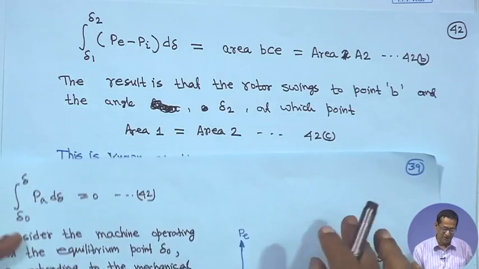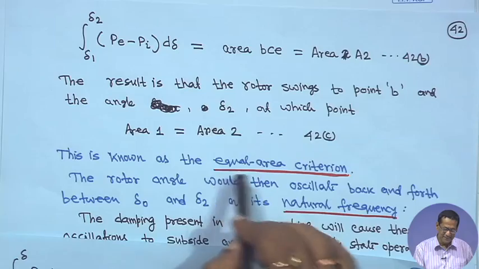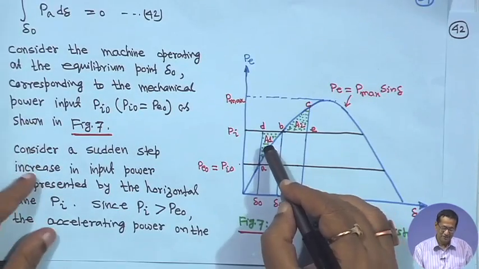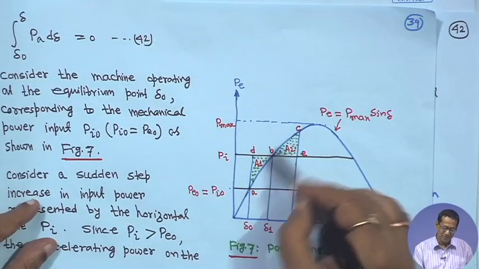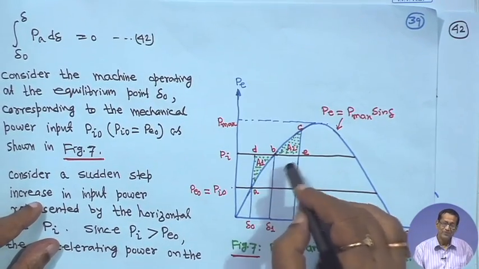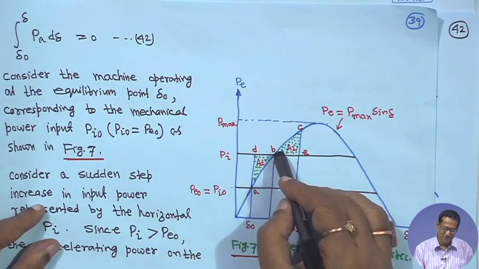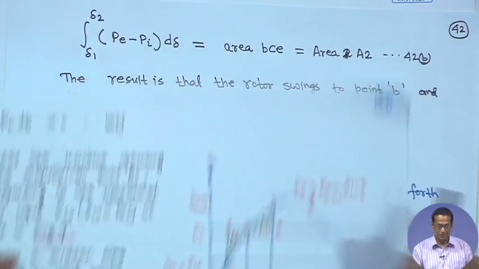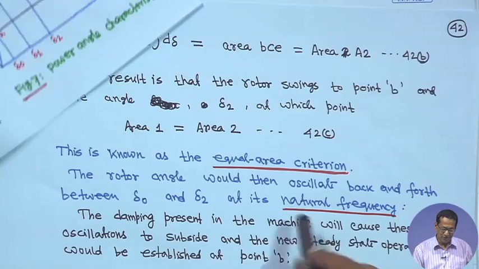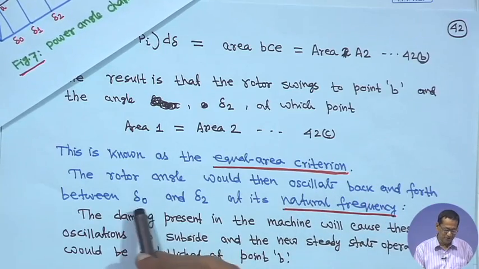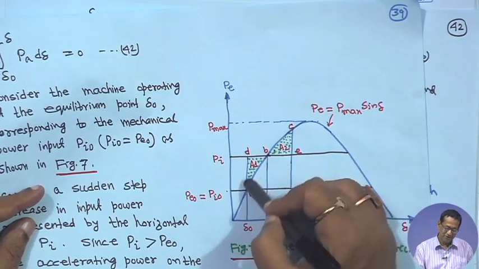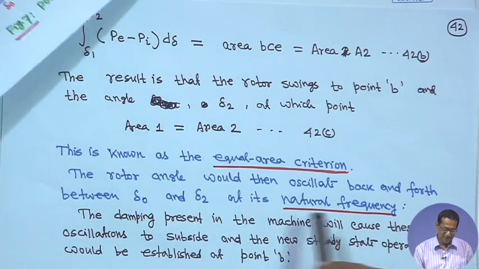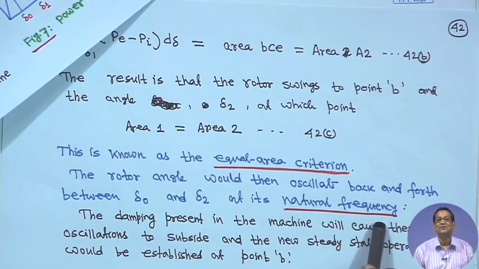Ultimately, area 1 must equal area 2, and this is known as the equal area criterion. So, this is area 1 and this is area 2. Actually it will swing back and forth, and because of the machine damping, after some time it will settle to point B. The rotor angle would oscillate back and forth between delta 0 and delta 2 at its natural frequency.